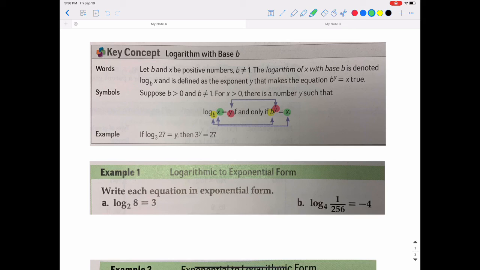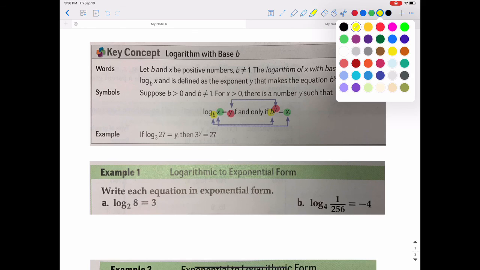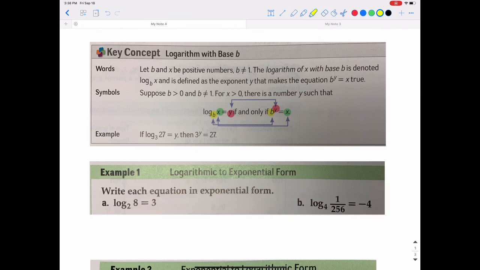So for example, down there it says that if log base 3 of 27 equals y, then another way of rewriting that would be 3 to the y power equals 27. So again, notice that the base of the logarithm is the same as the base of the exponential function.